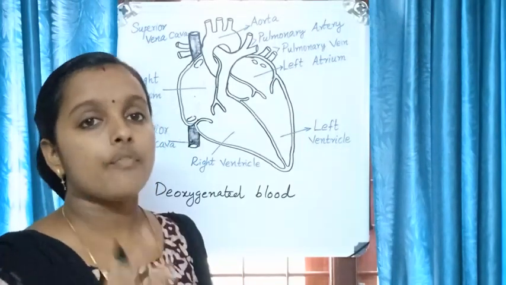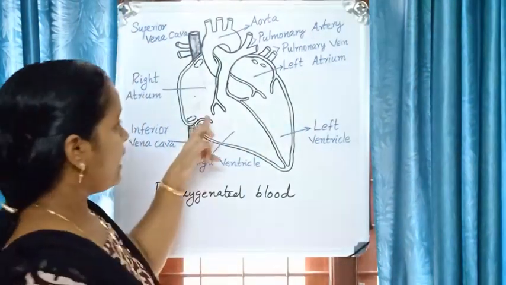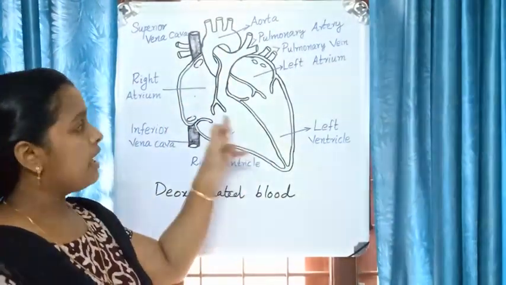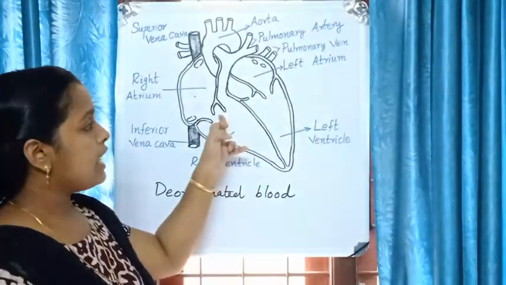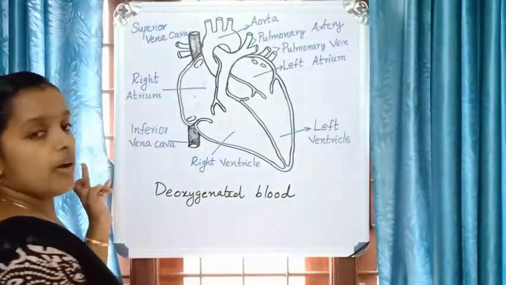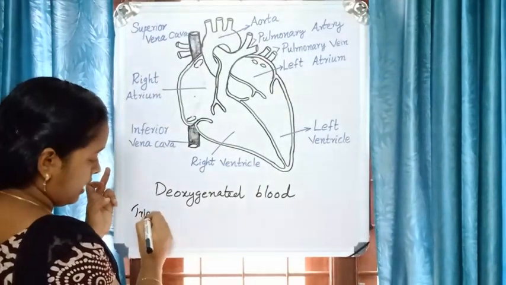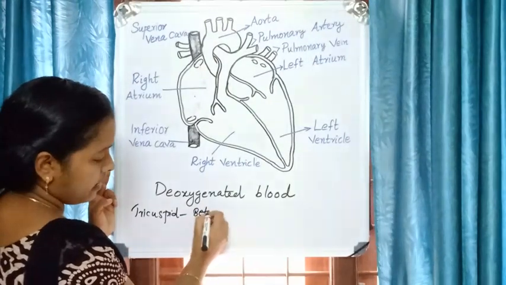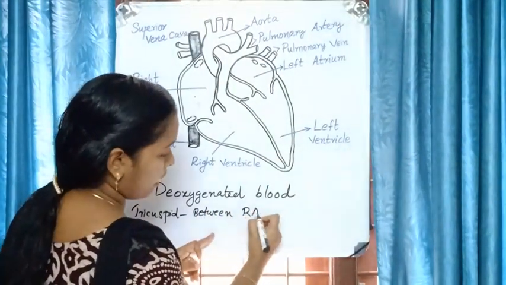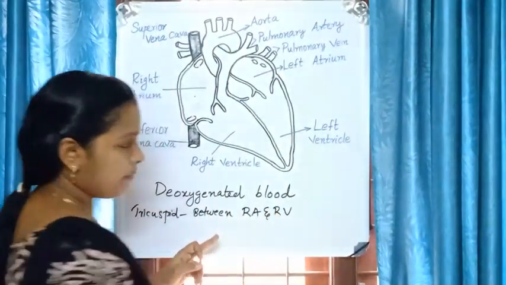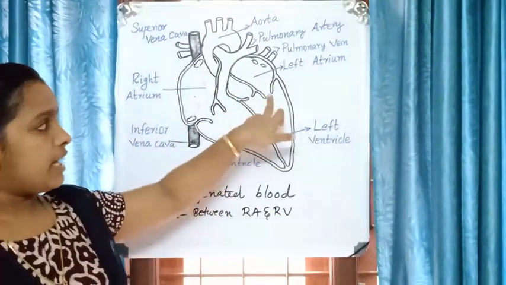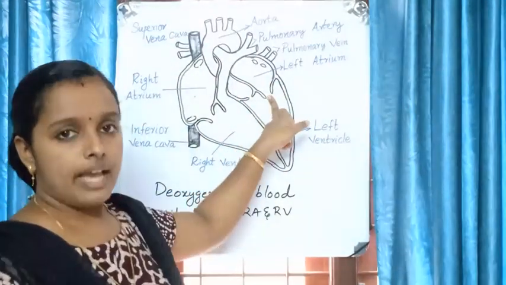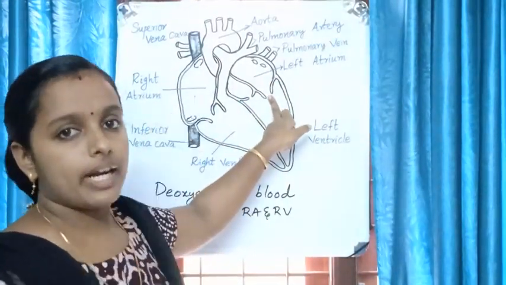The names of the valves are also important. Here, between the right auricle and right ventricle, one valve is present. It is known as the tricuspid valve, between the right auricle and right ventricle. And here another valve is present. This valve also allows the movement of blood only in one direction.